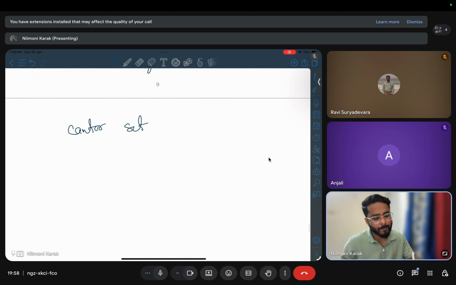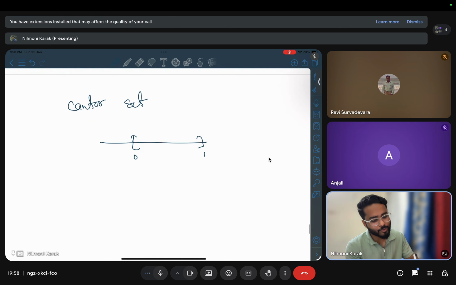Basically the Cantor set is, you take the interval 0 to 1. In the first step you cut it into three parts, at 1 by 3 and 2 by 3, and you remove the middle part. Next you have 0 to 1 by 3, and 2 by 3 to 1.